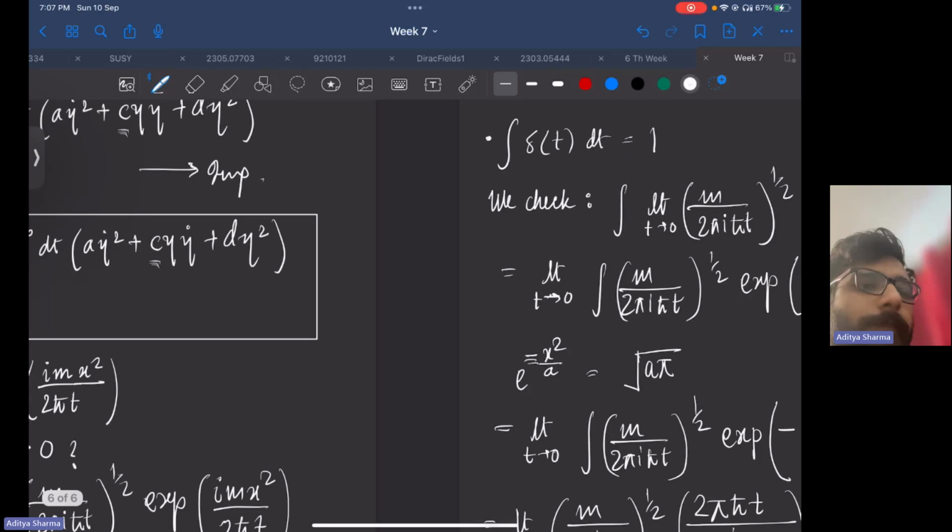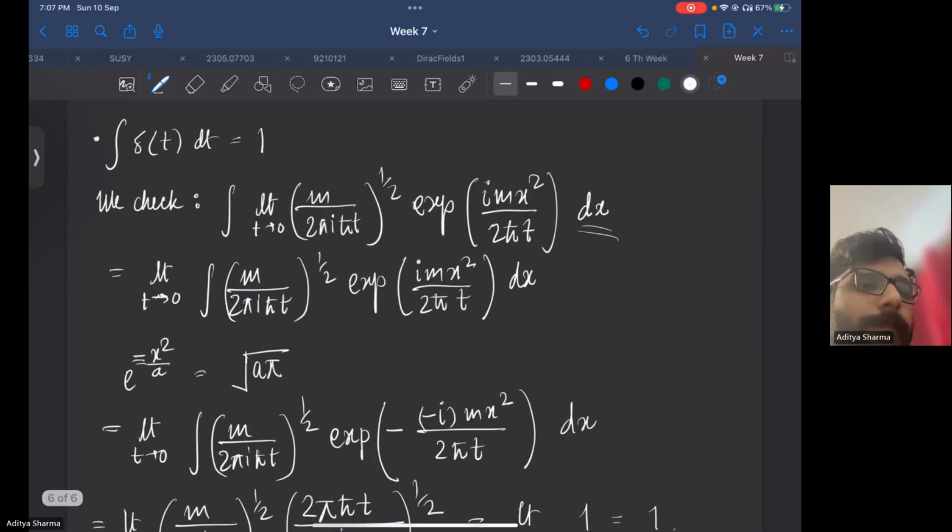Taken the kernel and taken the limit out. I have actually done this: the integral of kernel dx.